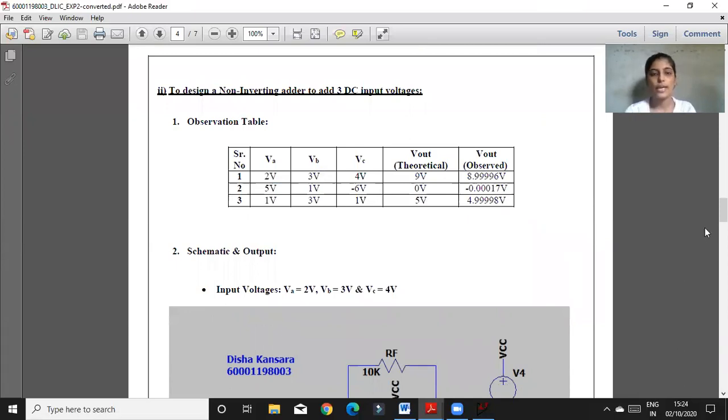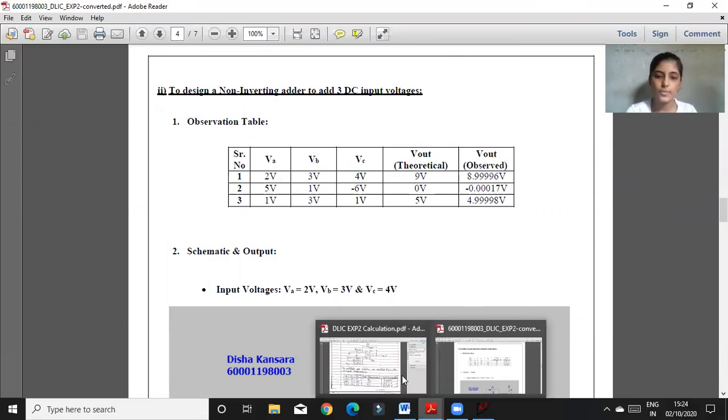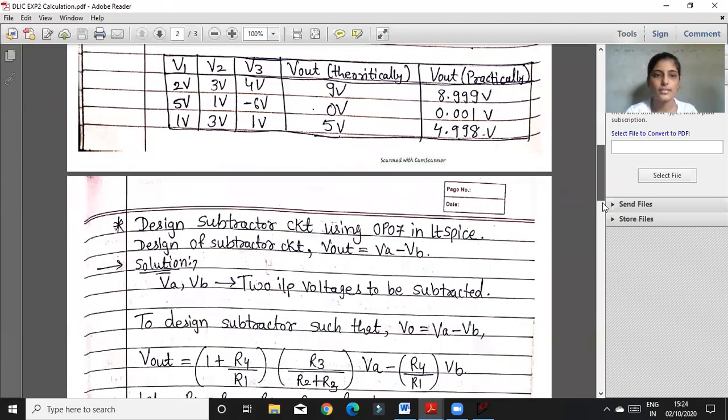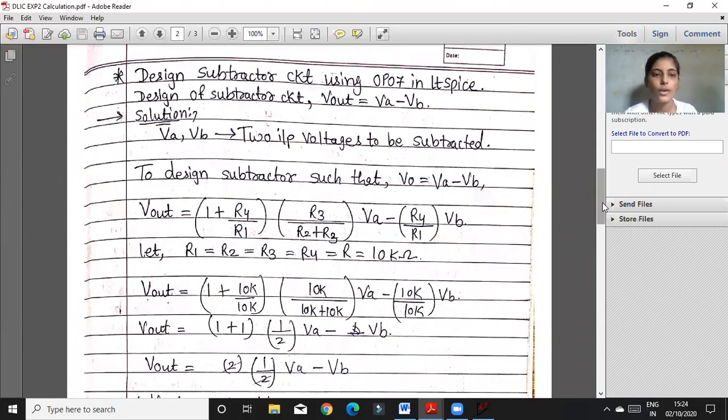So now I'm going to explain the subtractor circuit. First of all, I'd like to explain the calculations of the subtractor. VA and VB are the two input voltages to be subtracted. To design the subtractor, the equation is VO equals VA minus VB.